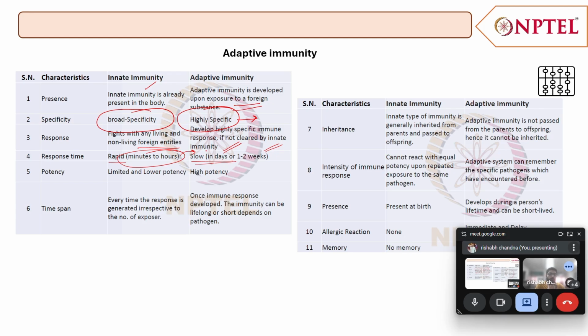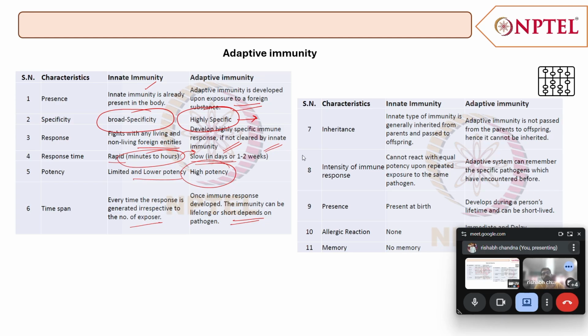Then for potency, innate immunity has low, limited potency, and adaptive immunity has high potency. The time span: every time the response is generated, irrespective of the number of exposures. Once the immune response is developed, the immunity can be lifelong or short depending upon the pathogen. So this is the comparison of innate and adaptive immunity.